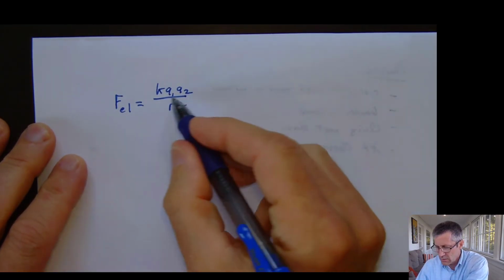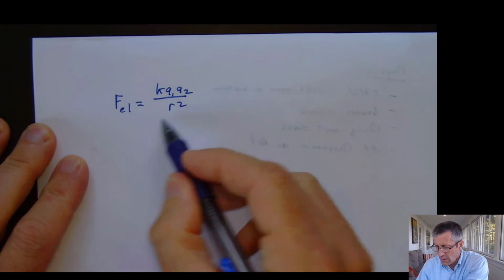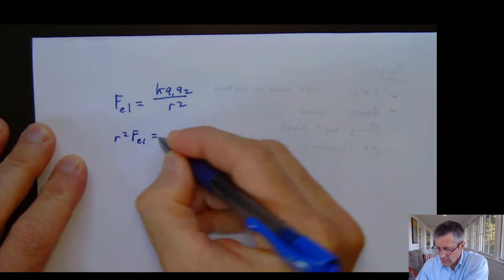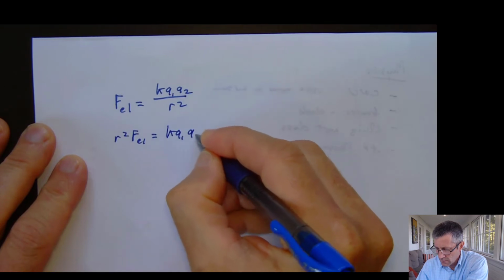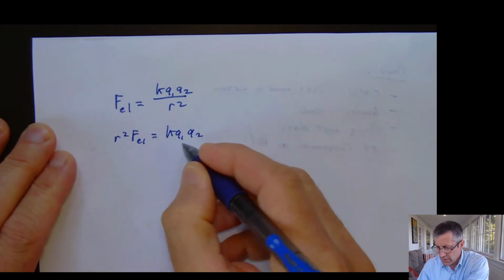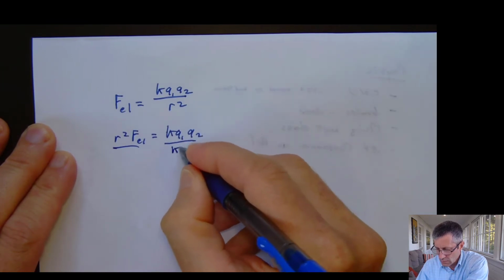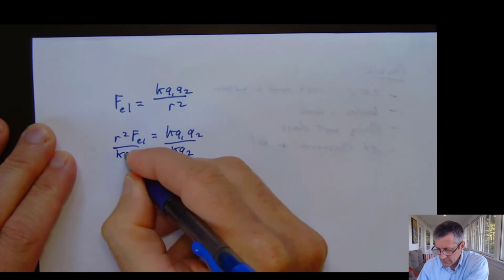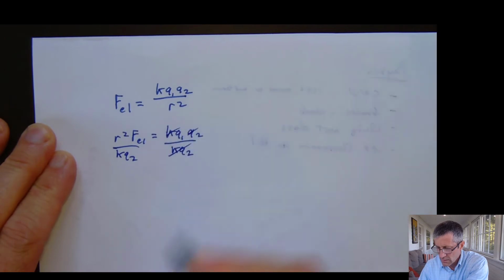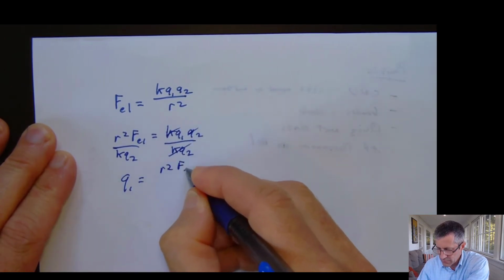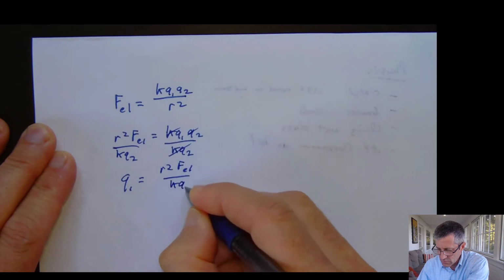So if I wanted to get to Q1, I would multiply both sides by r squared to get to this, and then I can divide by K and Q2 on both sides to get to my final answer, where Q1 is going to be r squared times the force divided by KQ2.